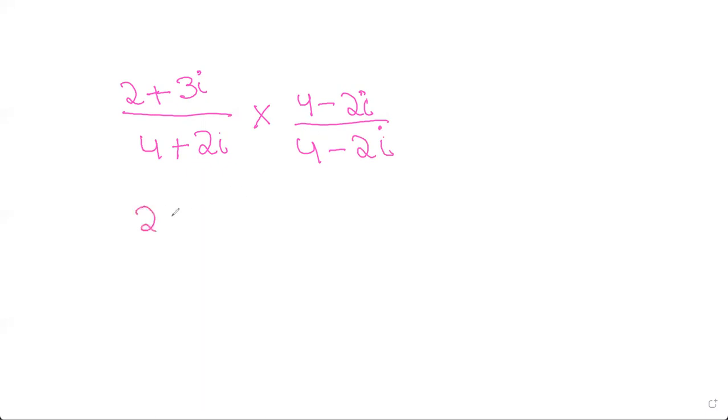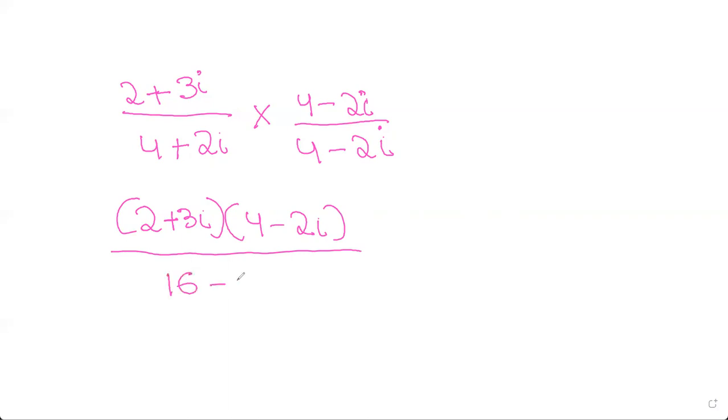This can be written as 2 plus 3i into 4 minus 2i, divided by, this is a plus b into a minus b, which is 16 minus 2i whole square.